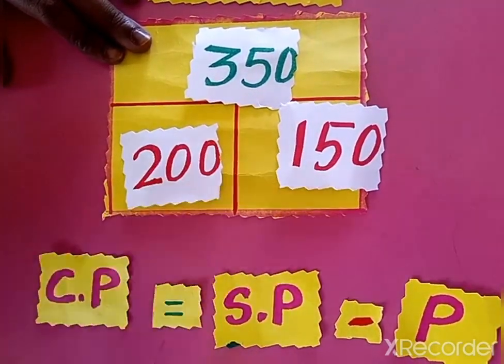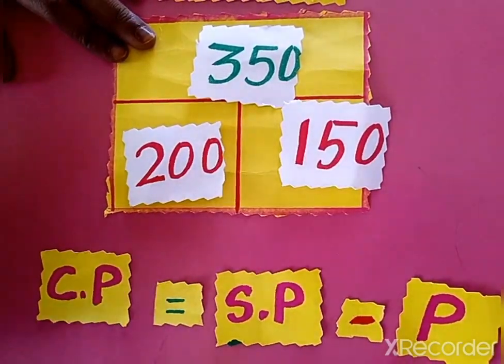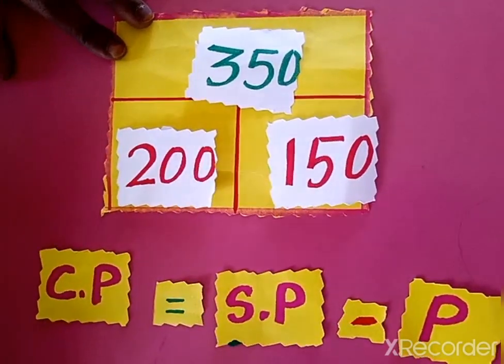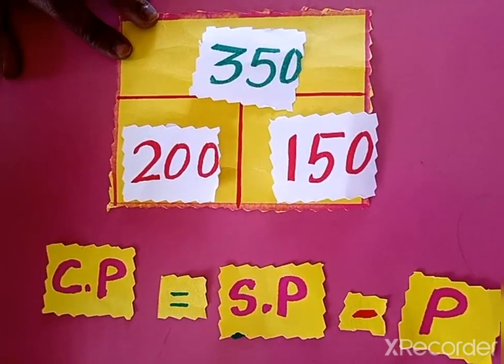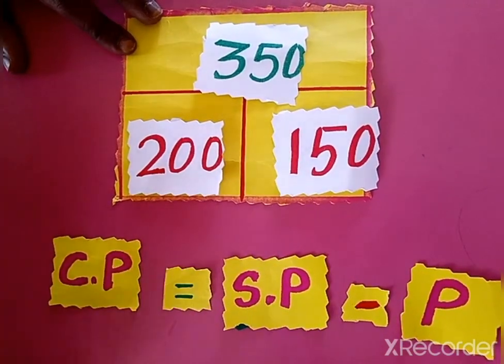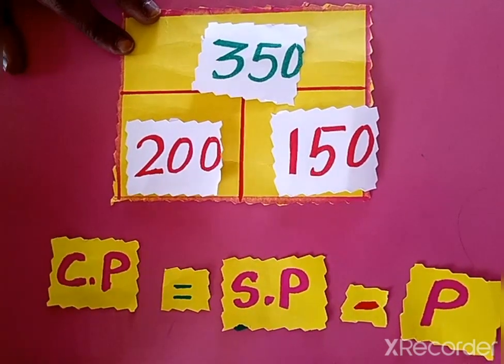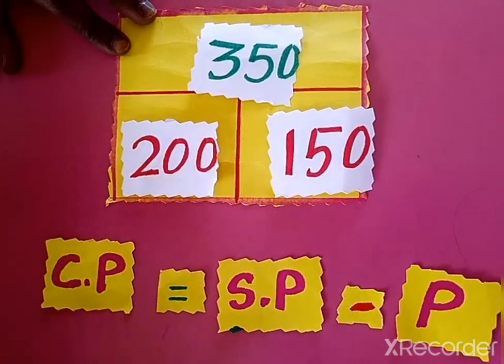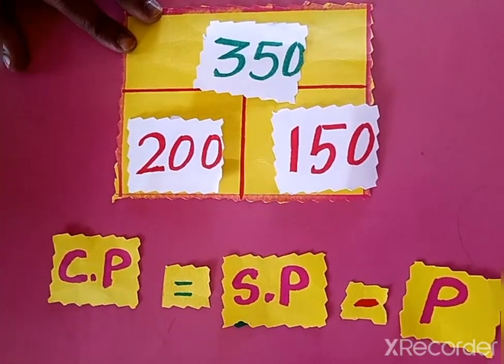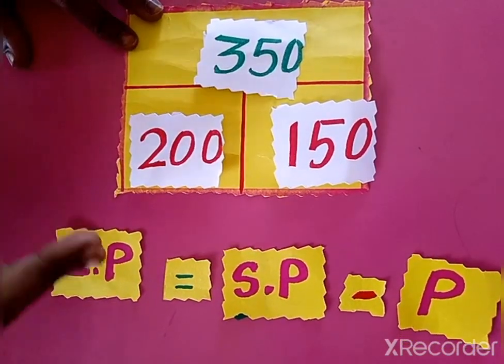You get the answer as 200. So using the bar model, it is very easy to create the formula. You need not learn the formulas by heart to find the cost price, selling price or profit. If you understand the bar model, you can create the formulas by yourself.